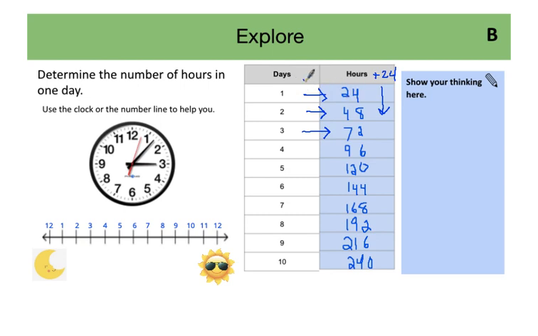I know my number's getting bigger, so I'm going to be multiplying because I already used addition going down. So 1 times what is 24, 2 times what is 48, 3 times what is 72. And the rule would be to multiply the number of days by 24. That will give you the amount of hours in that amount of days.